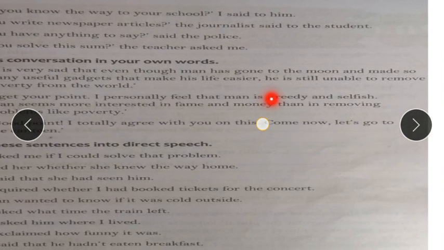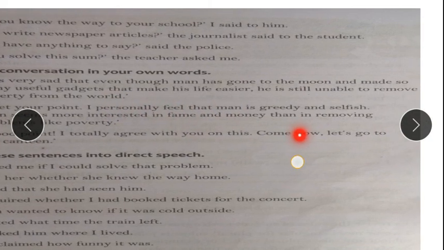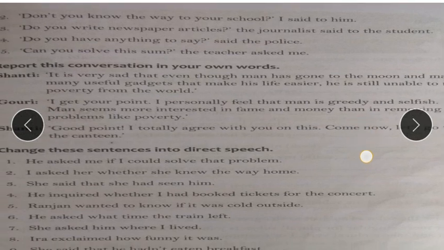It is very sad that even though man has gone to the moon and made so many useful gadgets that make his life easier, he is still unable to remove poverty from the world. This is the sentence of Shanti, what she is talking with Gauri. So these sentences you have to change into indirect speech.